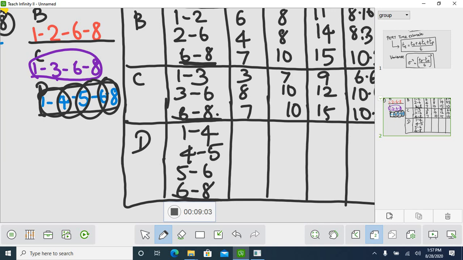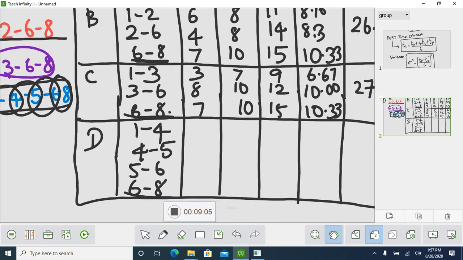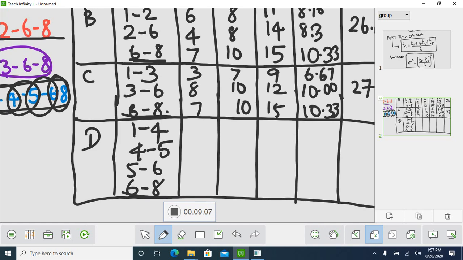So you can write the same thing: 7, 10, 15.